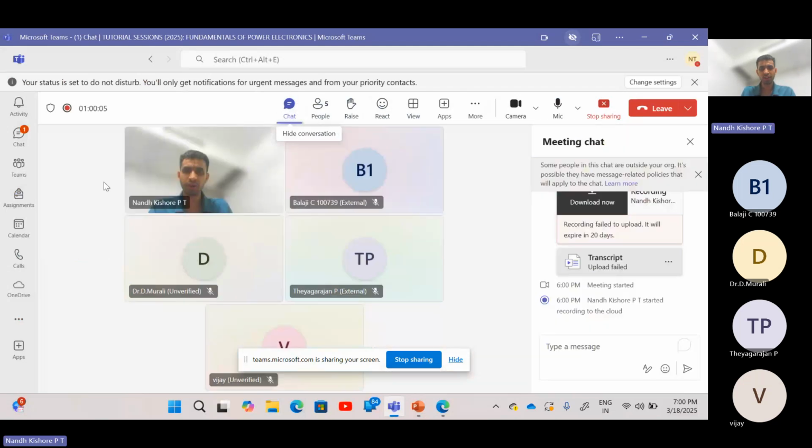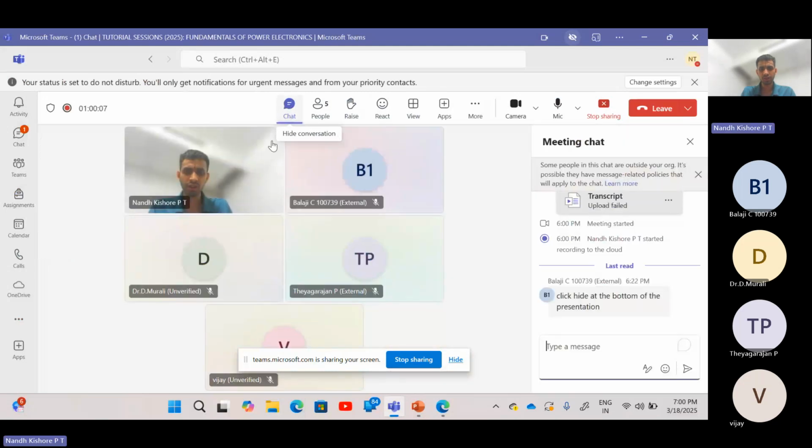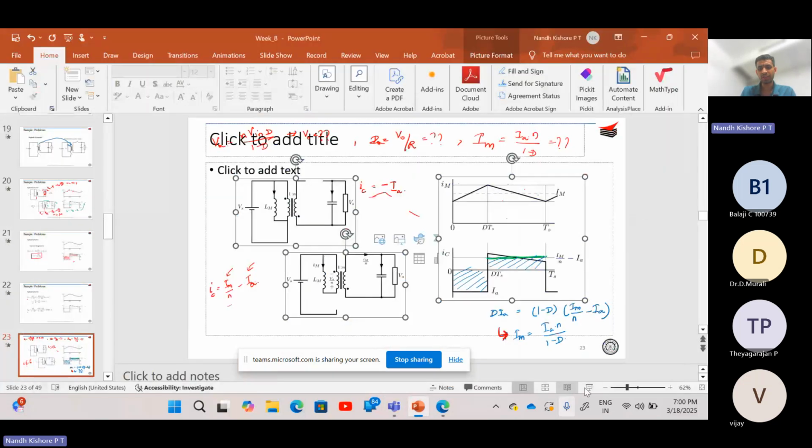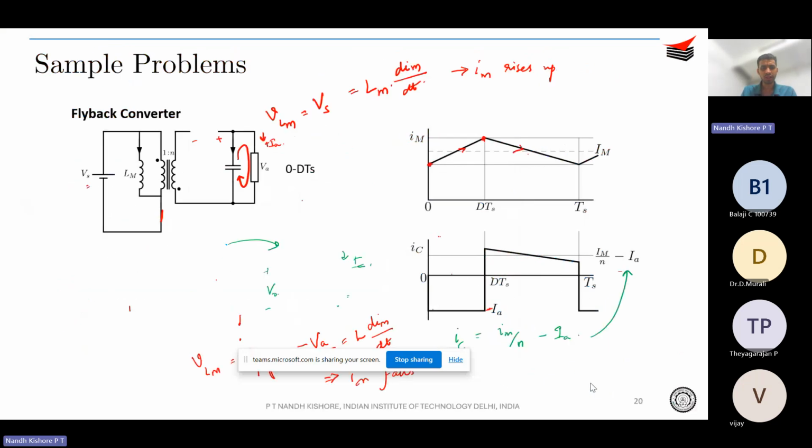Okay, so let me just open the chat box. I don't know why it's not open. Okay, fine. So I hope this problem is clear to you guys. This is one of the tricky problems, right?